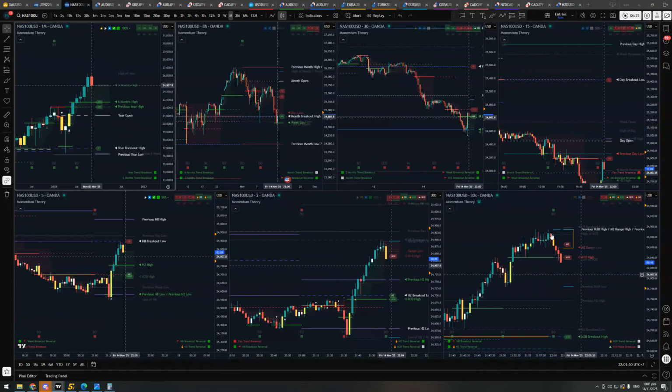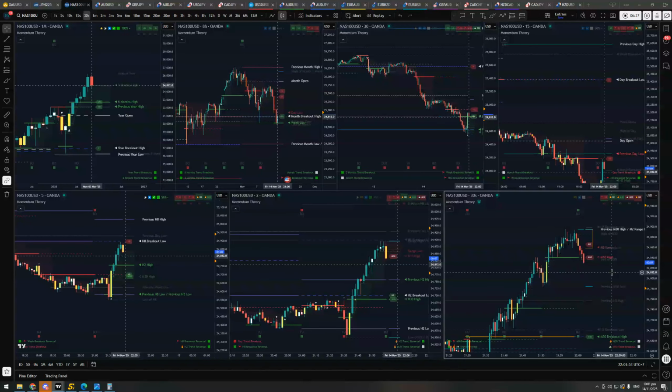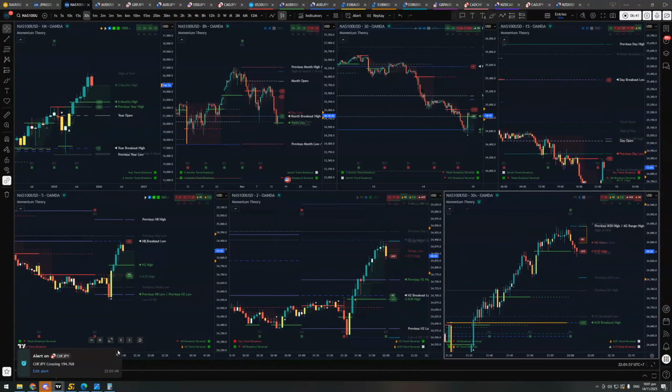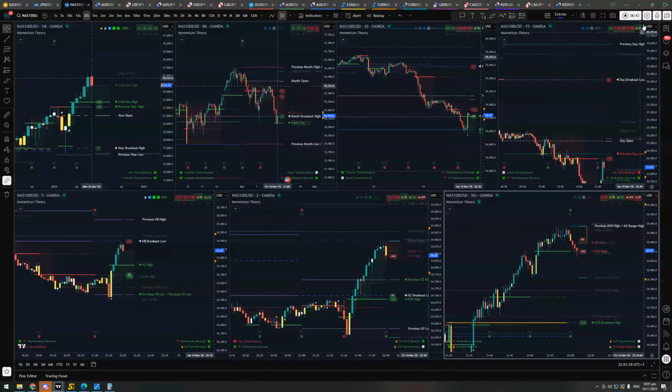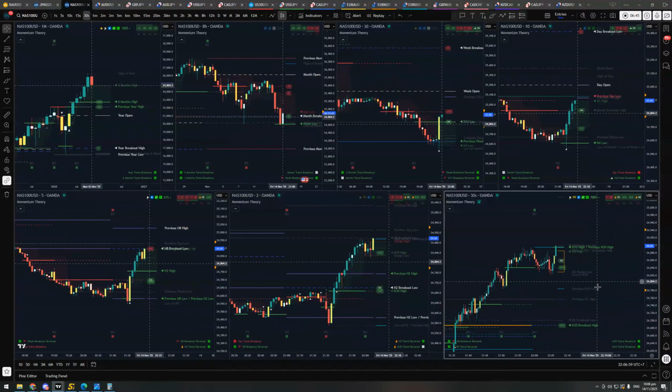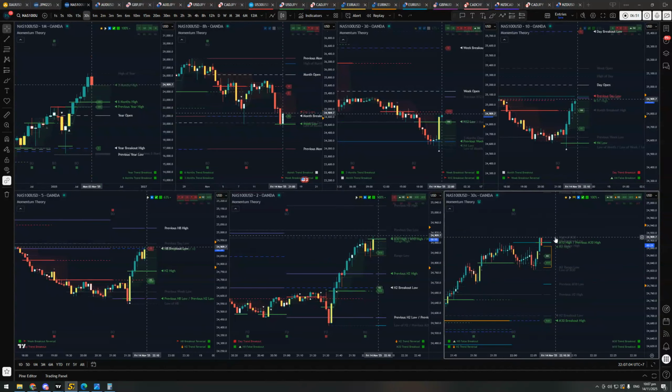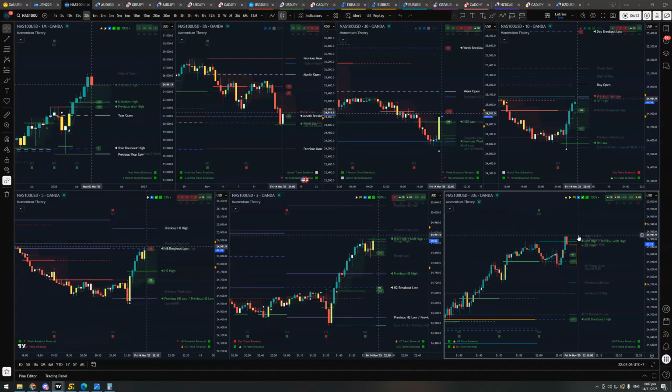All right, so just going to see if this plays out, if this sets up, and then I'll look for an entry later. All right, so we're not pulling back, but we're breaking out instead. See if there's a continuation here, then I'll go for that.